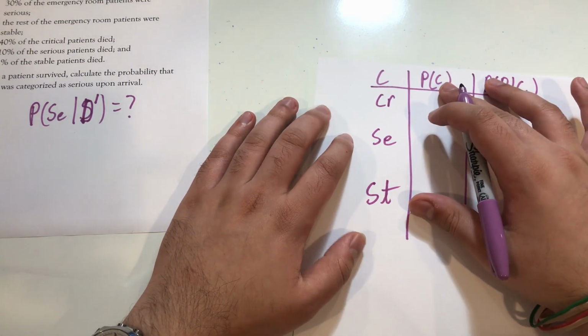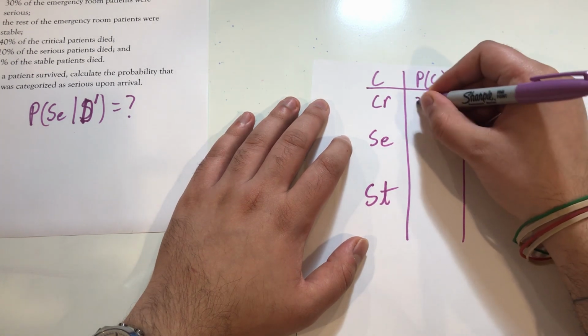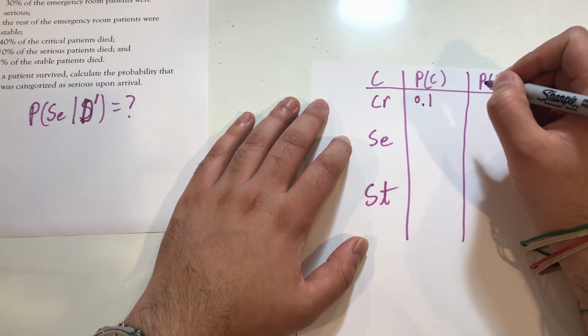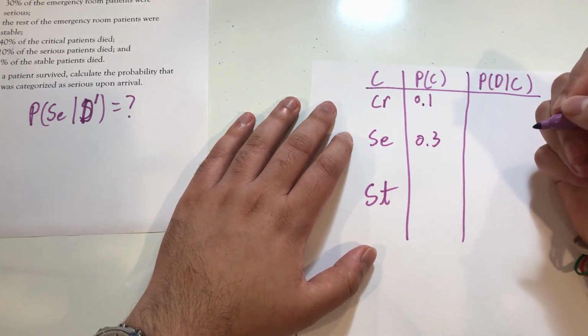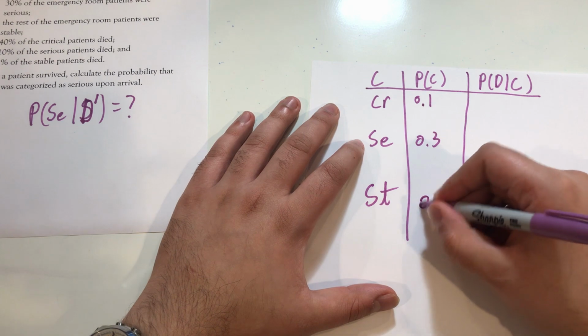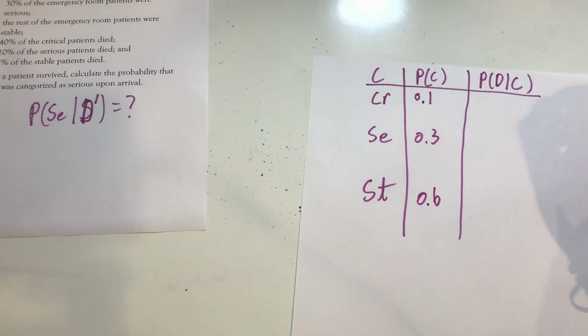The probability of being in that condition, well, 10% of patients were critical, so that's 0.1. 30% were serious, so that's 0.3. And the rest were stable, so that would be 0.6. Let's see, 40% of the critical patients died.